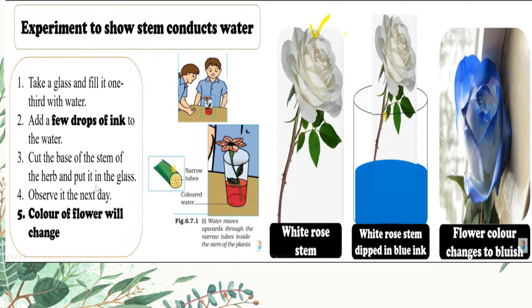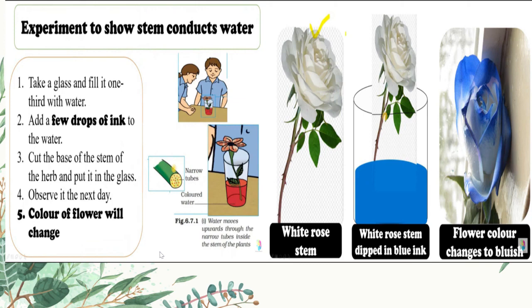Now take one flower along with the stem, maybe a light colored flower. Cut the base of the stem and put it in the glass of water having ink. You have to observe it. The next day, you will see that the color of the flower will change. So, this experiment shows that water rises through the stem.